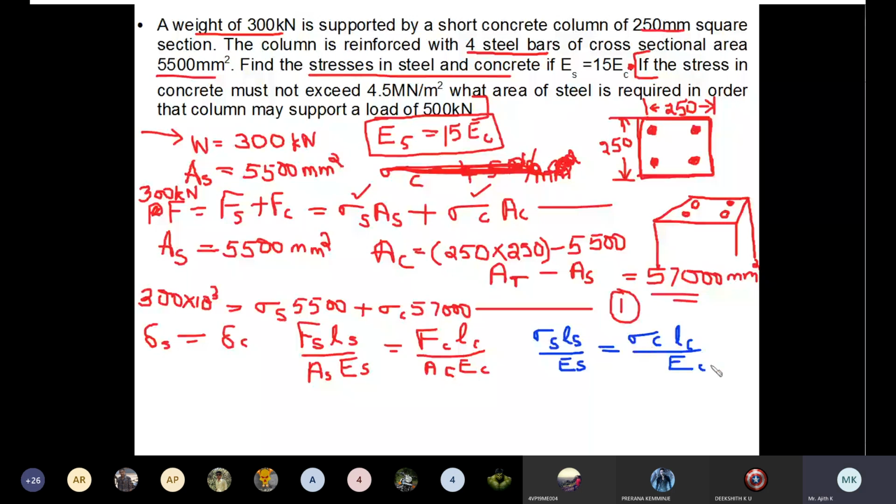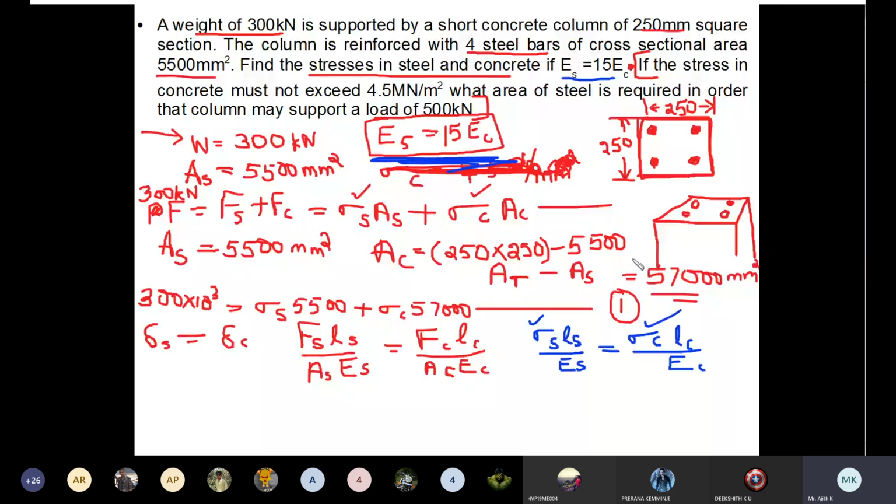Which are the known values in this equation? Sigma S and sigma C are unknown; you have to find them out. The relationship between ES and EC is given: ES is equal to 15 times EC. What about the length of steel and length of concrete?